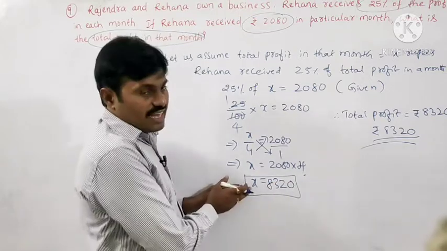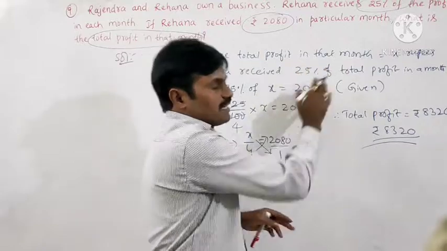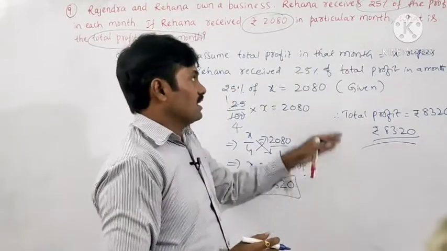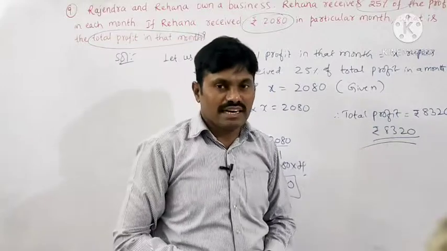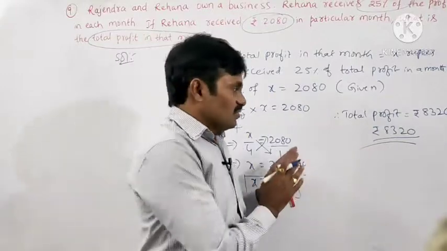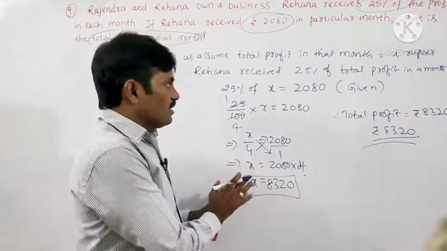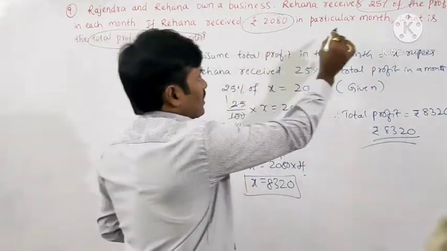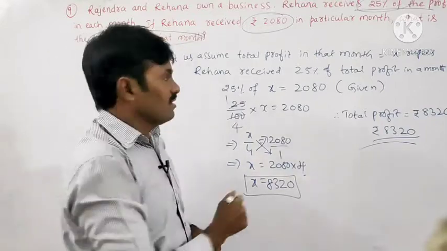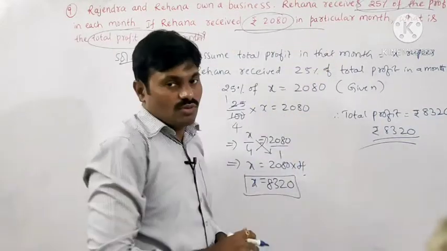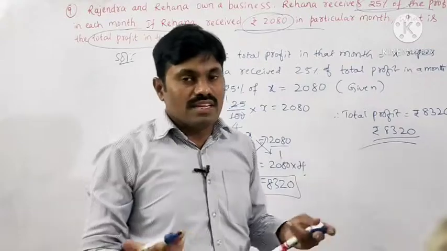We considered X as the total profit in that month, and they asked us to find the total profit in that month, that is 8,320 rupees. Is it clear? Very simple. They clearly gave that 25% of the profit is received by Rehana, and the amount is also given, so our problem becomes very simple.